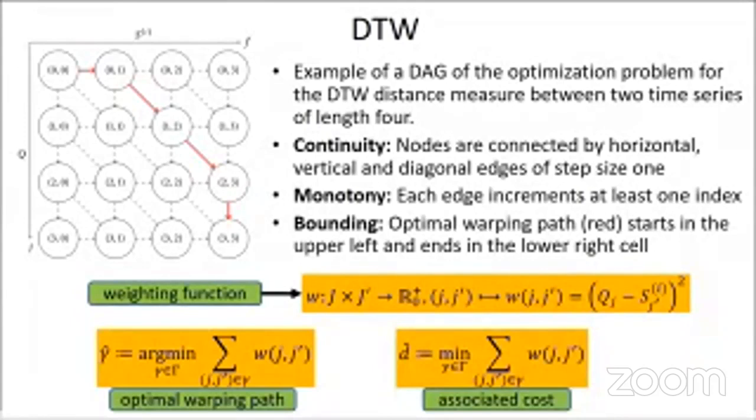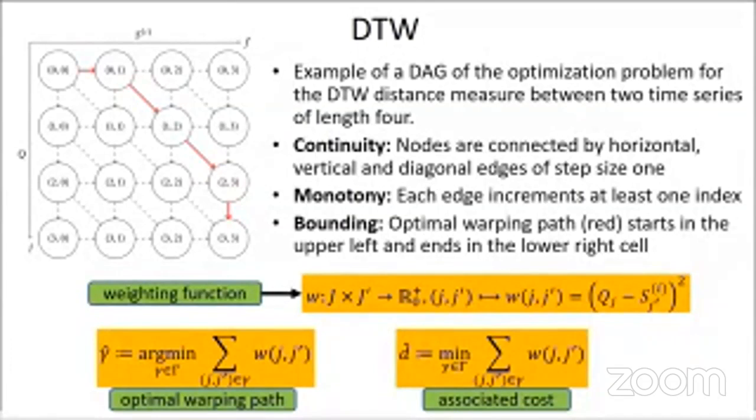Here in this example, we have 2 time series of length 4, so we have a 4 by 4 matrix, and it's a weighted matrix, so a weighted DAG. Each node in the DAG has a weight, which is the difference between the time series values at that position squared, so Euclidean distance.